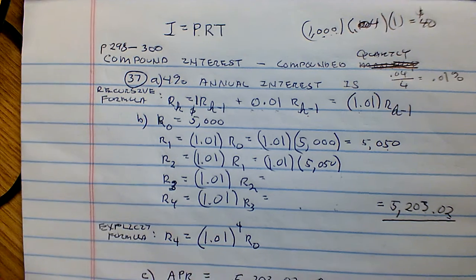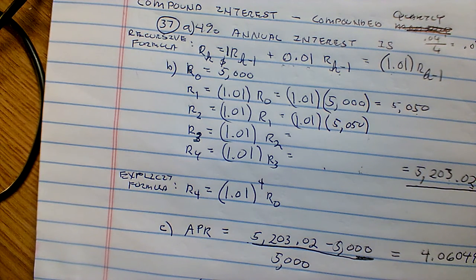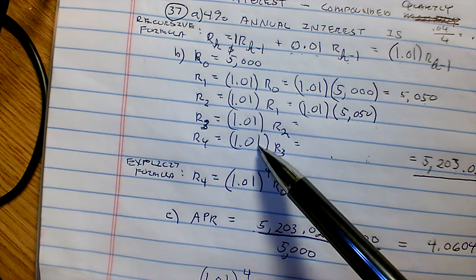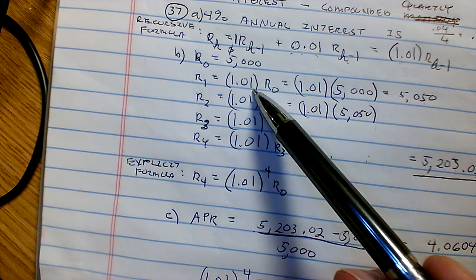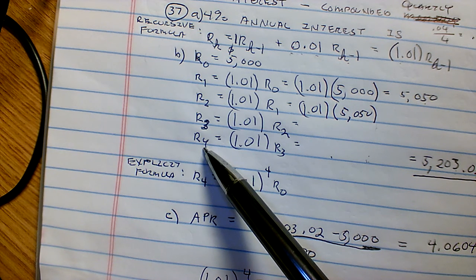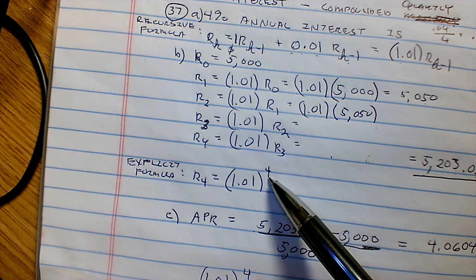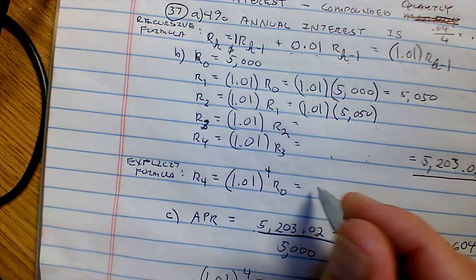Now, if you go on to chapter 5.7 and you start looking at this, you can see that it's easy to make an explicit formula for this, because every time we do this, we're multiplying by another factor of 1.01. After 1 year, it'll have been 4 quarters, so it's 1.01 to the 4th power times the initial amount.